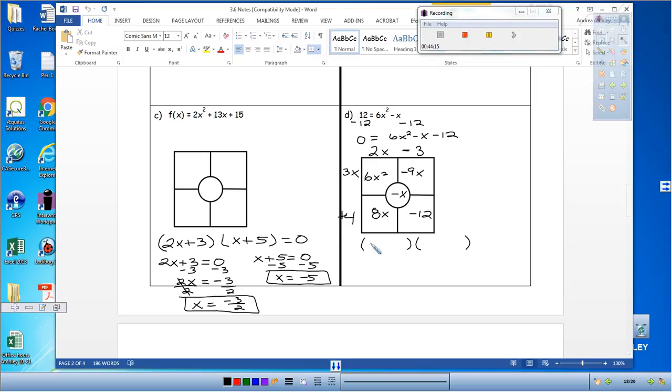So my factors need to be 3x plus 4, and then 2x minus 3. So when you solve this, you should get x equals negative 4 over 3 and positive 3 over 2. Any questions over that?